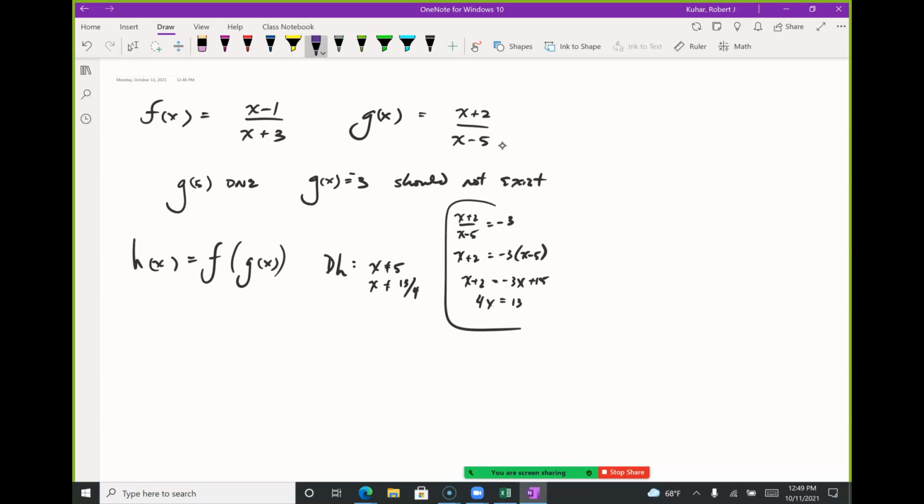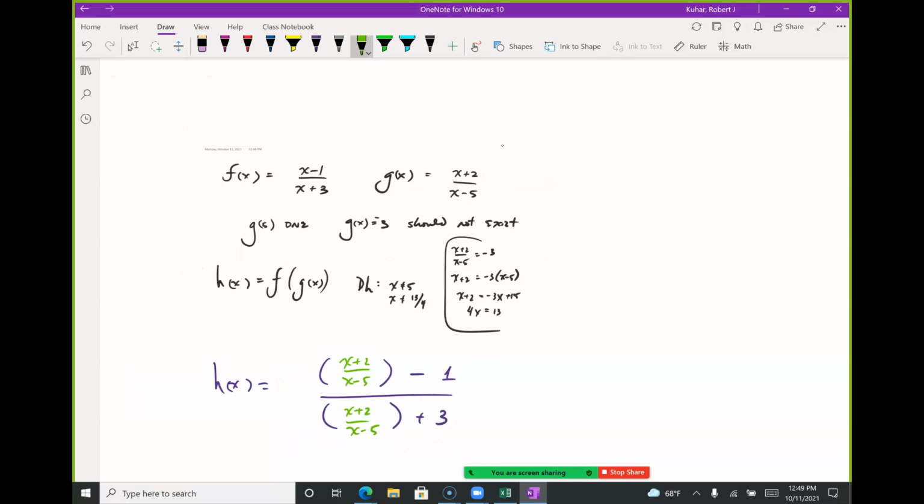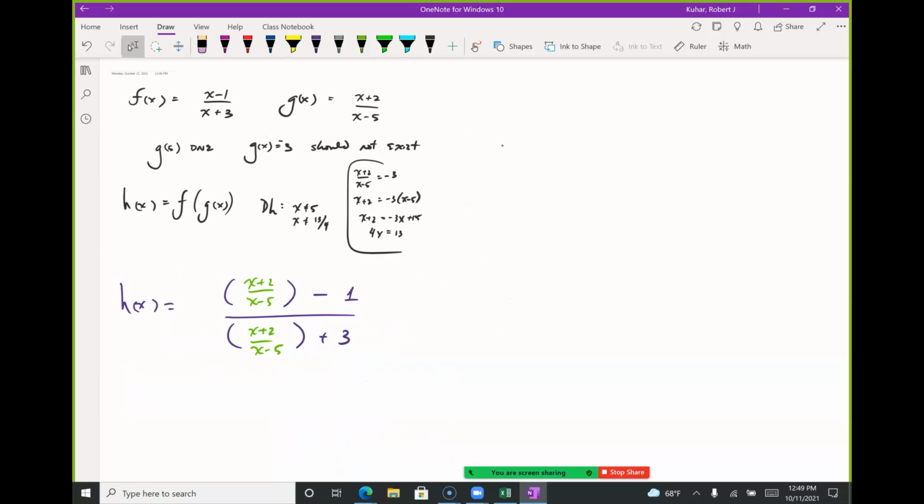All right, so what do we get here? h of x is (x minus 1) over (x plus 3). There's my function f. Do you see the function f as empty parens? And I'm putting in there (x plus 2) over (x minus 5). So I put the function g into the x's of f.